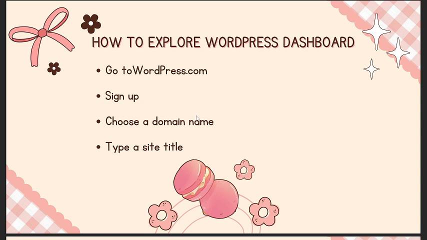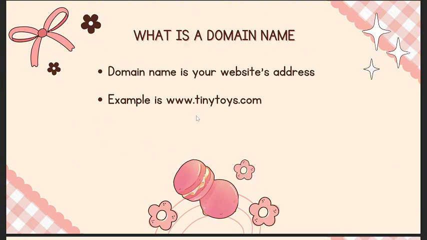So let's see what a domain name is. A domain name is your website address. Example is www.tinytoys.com. So a domain name is just like your home address where people could look for you. It is the address people would type in to see your website.